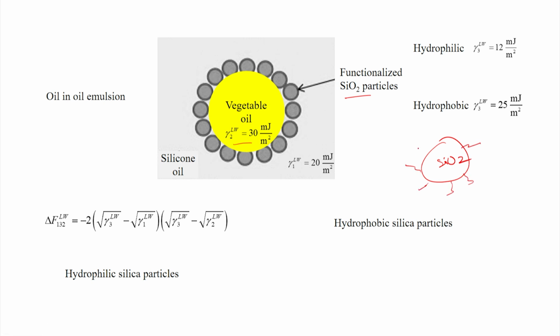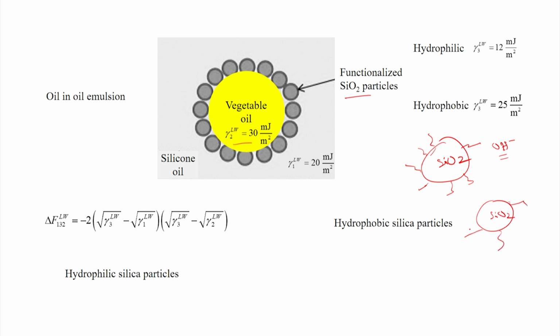Some of the molecules that you can attach will have OH groups, which will allow them to interact in a certain way. Let us say they become hydrophilic because OH groups are there, so they can form hydrogen bonds with water molecules. Therefore, they will become hydrophilic. On the other hand, you can also attach on these SiO2 particles some other kind of molecule.